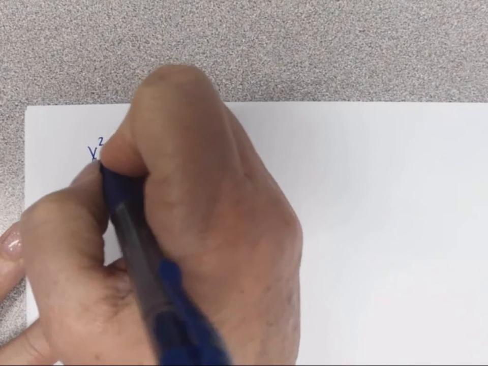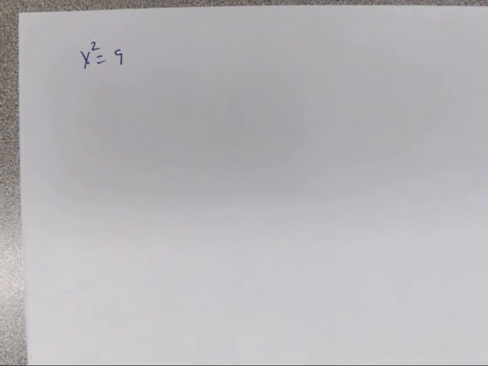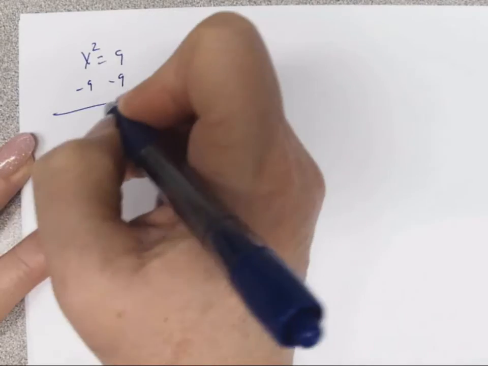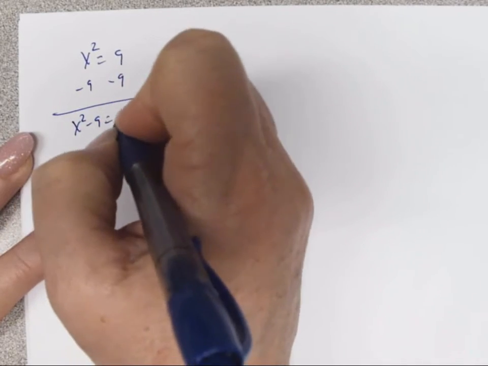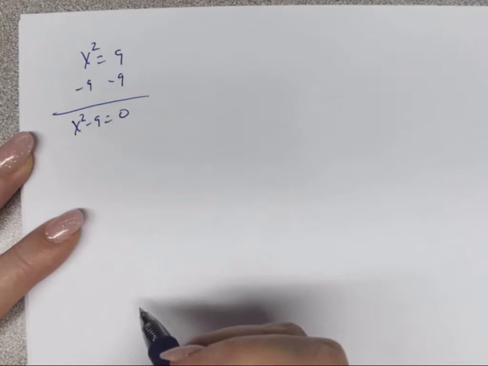Alrighty, so let's look at our first example. x squared is equal to 9. I'm going to show you two ways you can solve this same equation and get the same answer. If I subtract 9 from both sides, I get x squared minus 9 is equal to 0. Now this we know as the difference of squares.